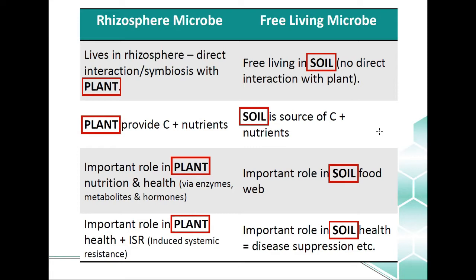A rhizosphere microbe is focused on the plant. Everything it does is to the benefit of the plant, to keep the plant in an optimal state of photosynthesis, to keep the plant healthy, to prevent pathogen infection, because only then they receive their part of the photosynthate. Up to a third of the sugars produced by photosynthesis can be secreted to the microbes in the rhizosphere.